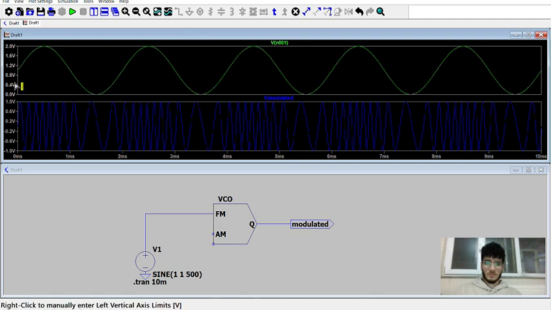As you can see, as soon as the voltage rises, the frequency of the modulated signal increases, and as the voltage decreases, the frequency of the modulated signal decreases too.